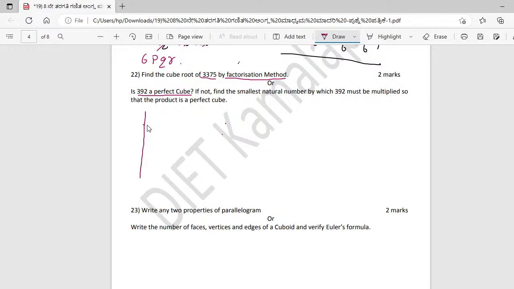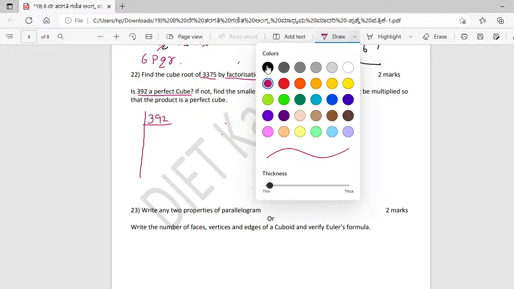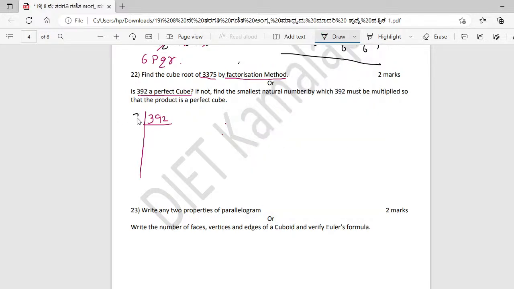We need to apply the same prime factorization method that we did for the 3375 question. So 392 is divisible by which factor? That is 2. That will be very simple for you. So 2 ones are 2, 1 is remaining, that becomes 19, 2 nines are 18. 1 is remaining, that becomes 12, 2 6s are 12.